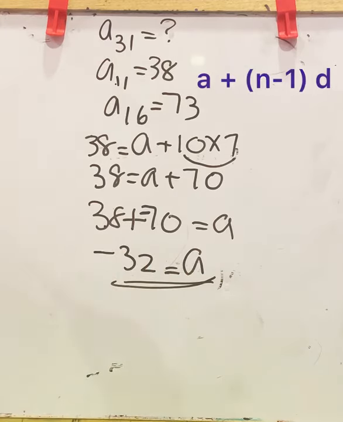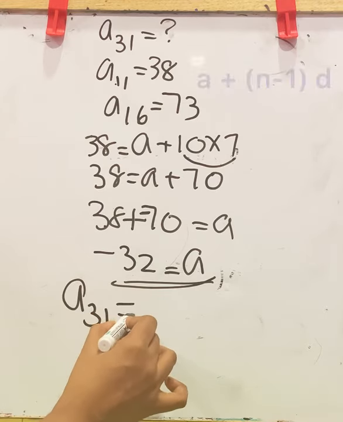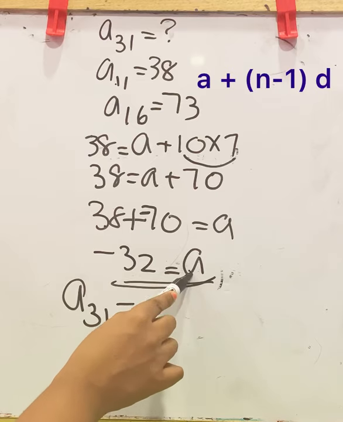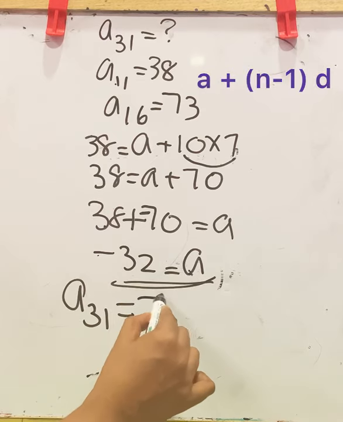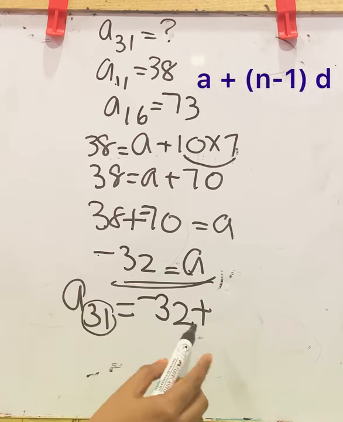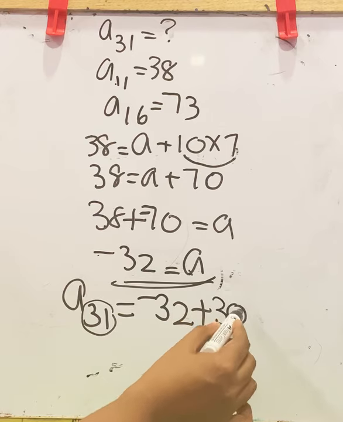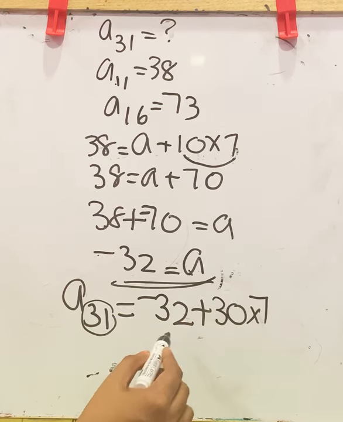Now it is easy for us to find A31. That is A31 equal to, now we got the value for A, that is negative 32, plus N minus 1. Here N is 31, so 31 minus 1 is 30, into D, we know 7.